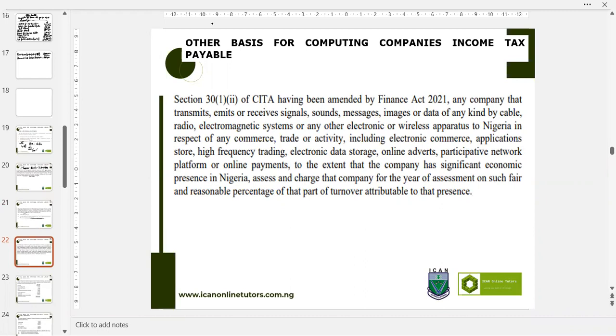So Section 31, subsection 2 of CITA having been amended by the Finance Act of 2021, any company that transmits, emits, or receives signals, sounds, messages, images, or data of any kind by cable, radio, electromagnetic systems, or any other electronic or wireless apparatus to Nigeria in respect of any commerce, trade, or activity, including electronic commerce, application store, high-frequency trading, electronic data storage, online adverts, participative network platform, or online payments, to the extent that the company has significant economic presence in Nigeria.